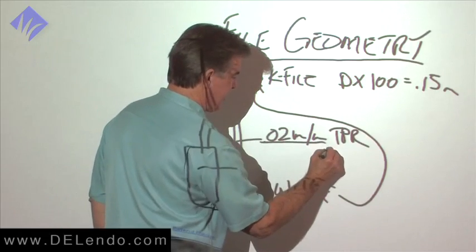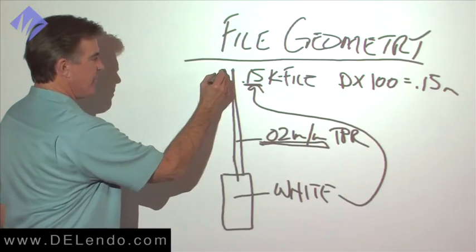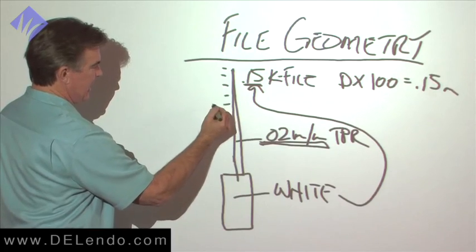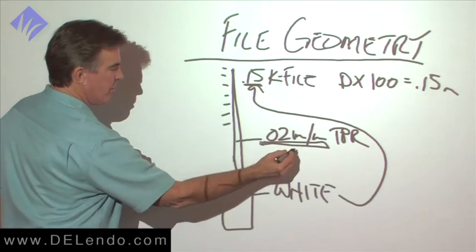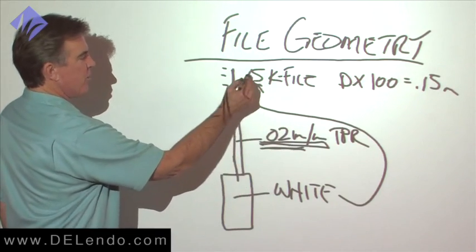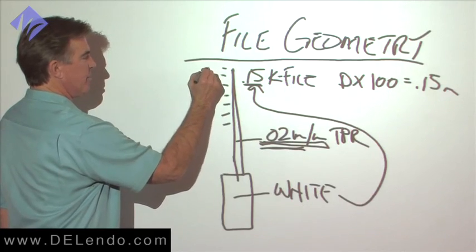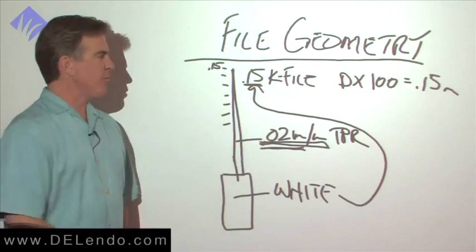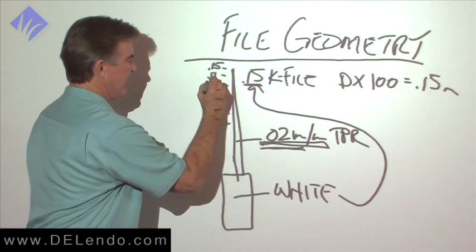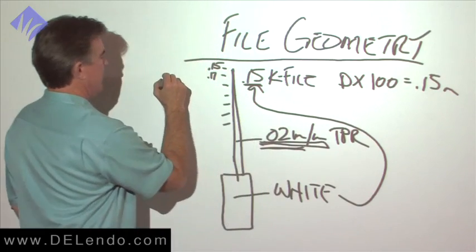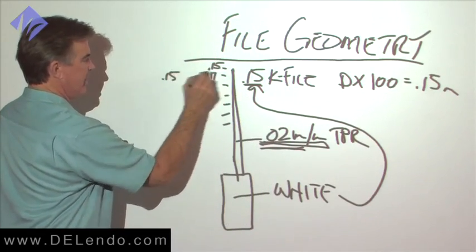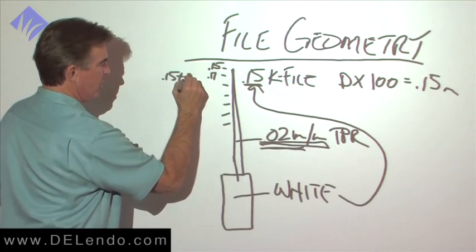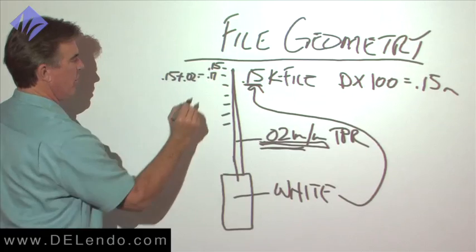This is how we describe taper. Along the length of the file, we click back every millimeter from the tip, and the diameter of the file goes up by this amount. If we start with 0.15 millimeters at the tip, let's do the math. What do you think it is a millimeter back? It's 0.17. That would be 0.15, the tip diameter, plus the increase, 0.02, equals 0.17.